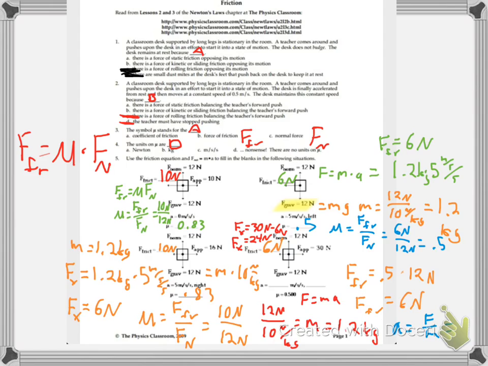If our force is 24 newtons, our mass is 1.2 kilograms. If we divide 24 by 1.2, we will get an acceleration of 20 meters per second per second, and that is accelerating to the right.